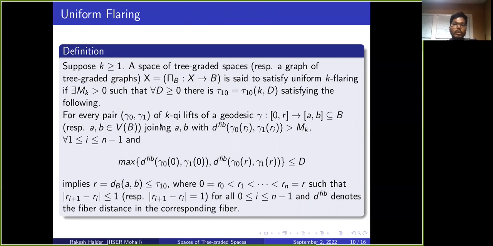So now come back to uniform flaring. What is that property?